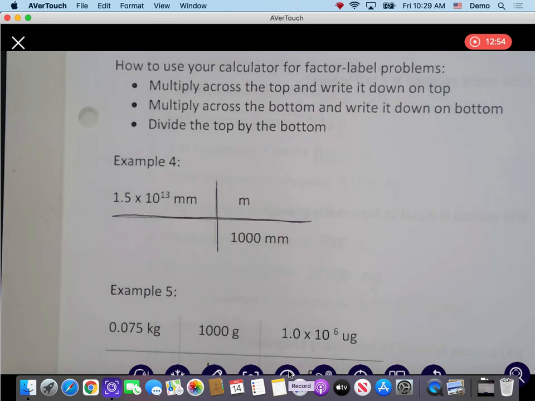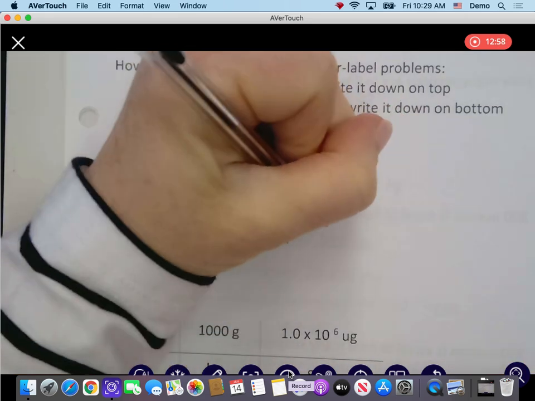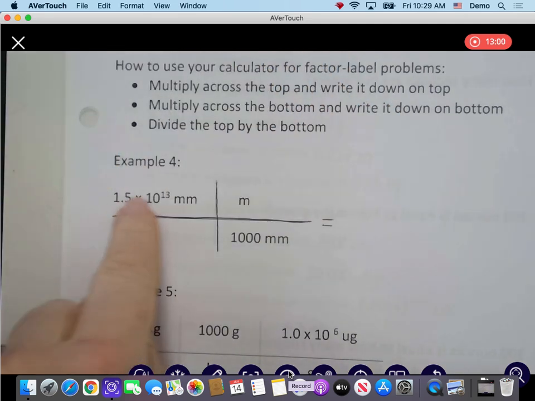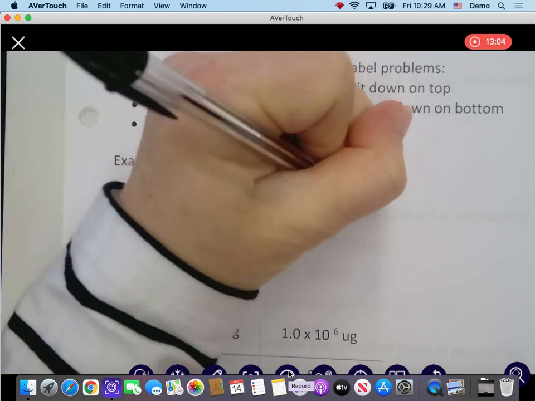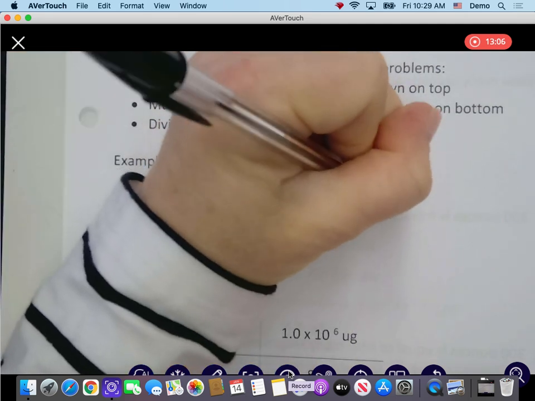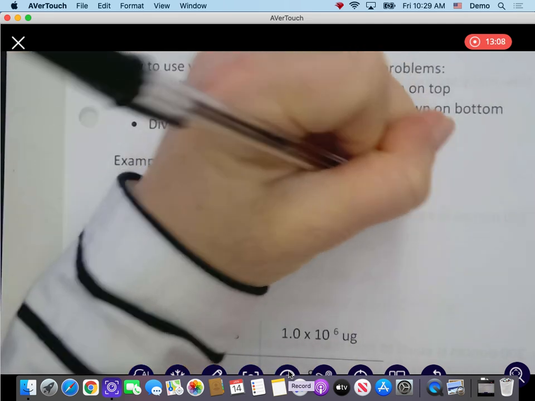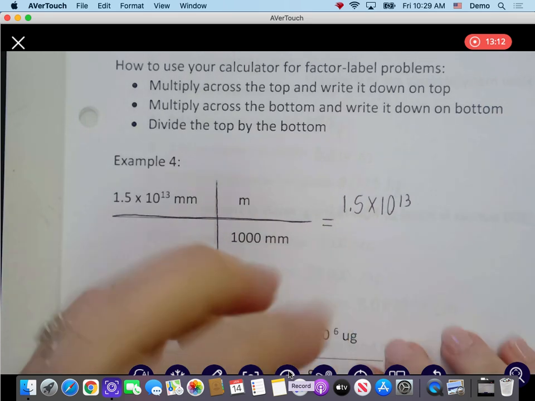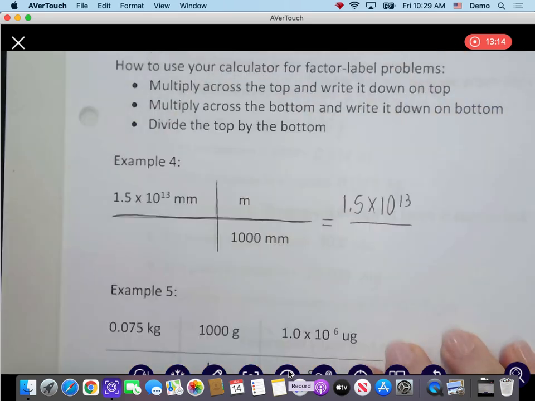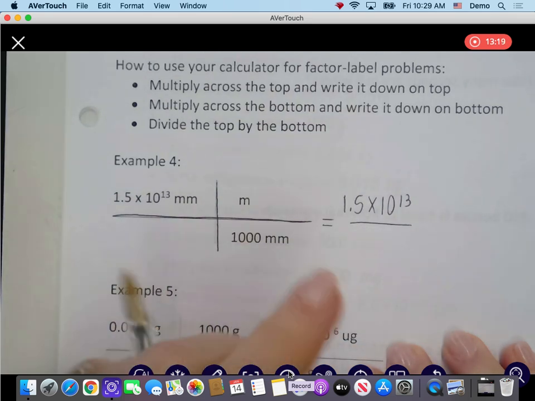And the way we solve a factor label problem is this. We multiply everything on the top together. So in this case, it's just 1.5 times 10 to the 13. Don't worry about units. I'm calling this an intermediate step. This is like scratch work. We're going to divide that by the product of everything on the bottom. 1 times 1,000 is 1,000.